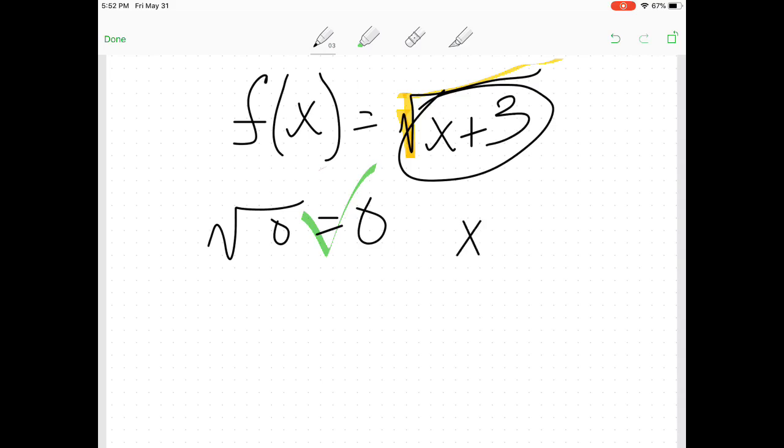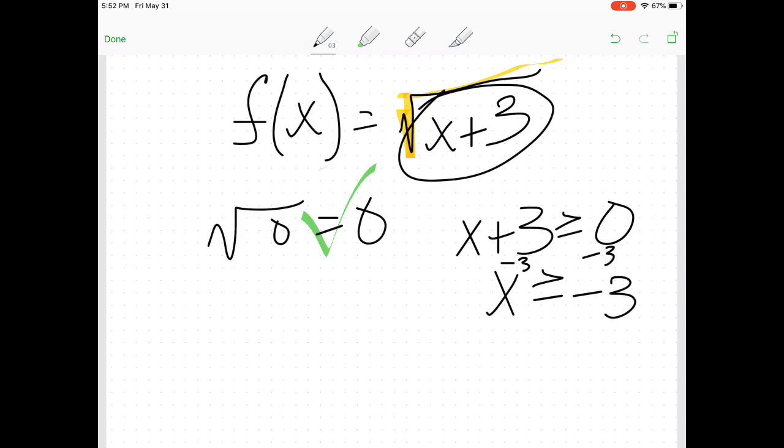So we know that we want x plus 3 to be greater than or equal to 0. You could take the square root of 50, you could take the square root of any decimal. It doesn't matter. We just cannot take the square root of a negative number. So that means x has to be greater than or equal to... All I'm going to do is subtract that 3 to the other side. 0 minus 3 is negative 3. So we get x is greater than or equal to negative 3.